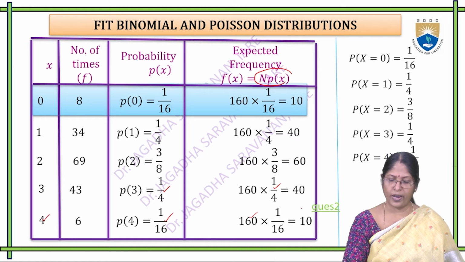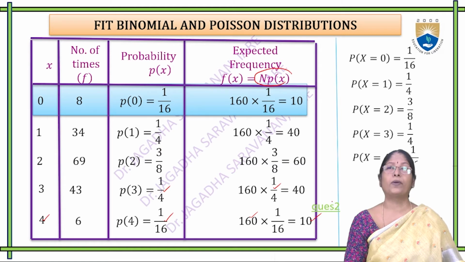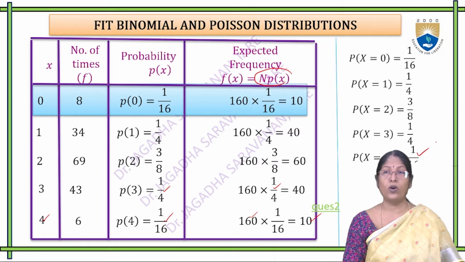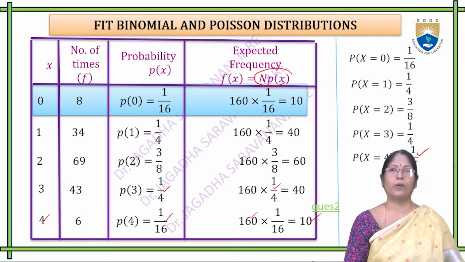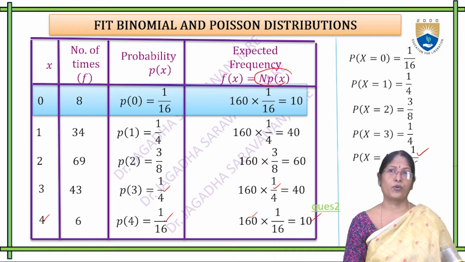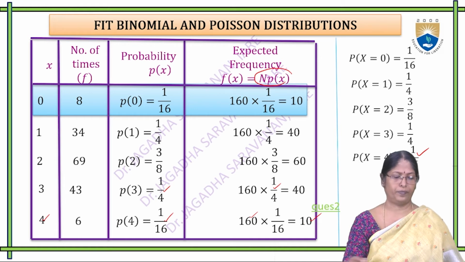The last, when x equal to 4, we obtained the expected frequency after multiplying this. When x equal to 4, the probability is 1 by 16, which is multiplied by 160. Then the final result is 10.